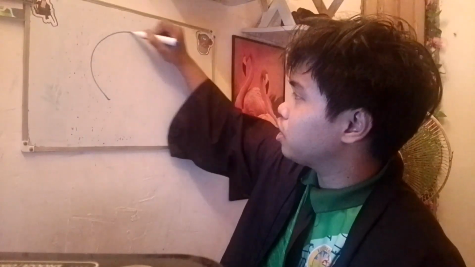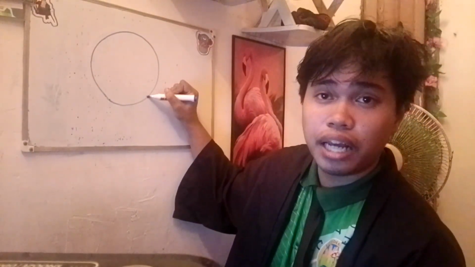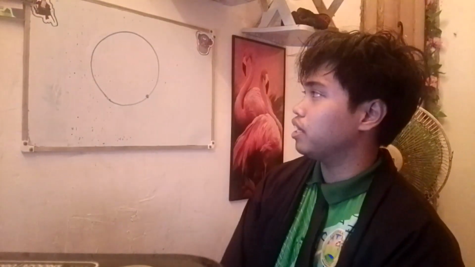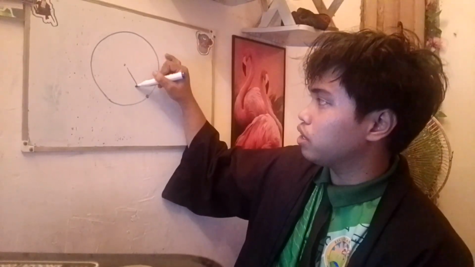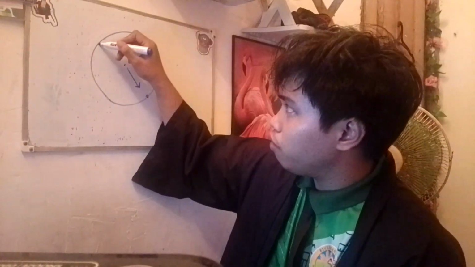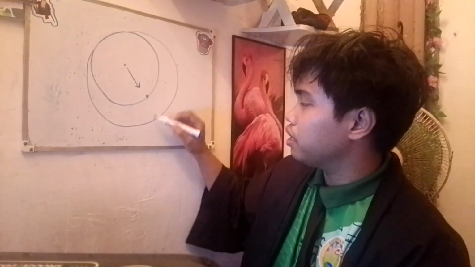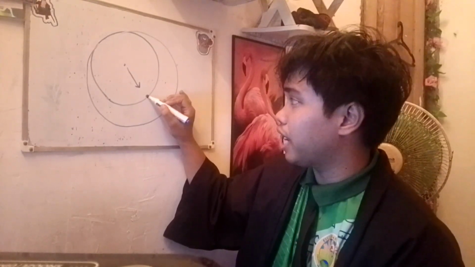In the Poincaré model, this part here is what we call the boundary, the infinite boundary. As you move closer to that boundary, the boundary will keep expanding. So at some point, the boundary's point is right here.